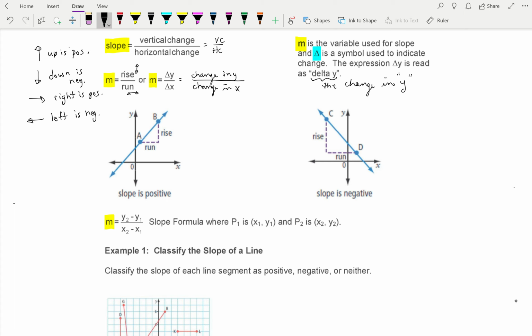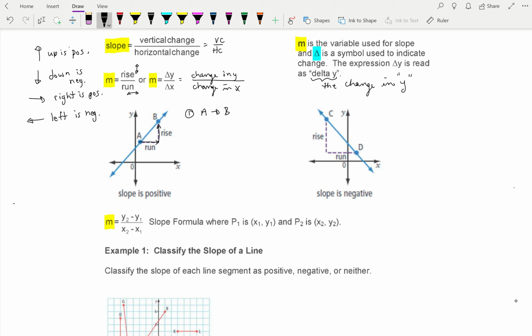Okay, so we're going to take a look at both diagrams using two different directions. On the first one, we're going to go from the point A to the point B. So if we start at point A, we're going to follow the dotted line and go to the right. And then we are going to follow the dotted line and go up.